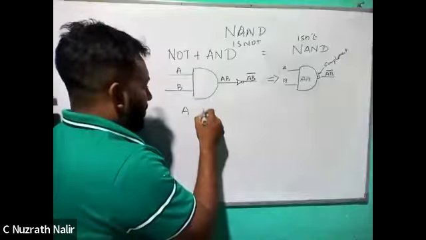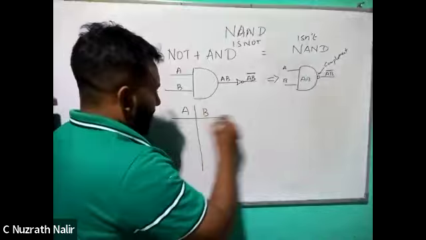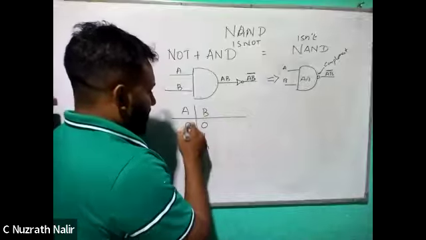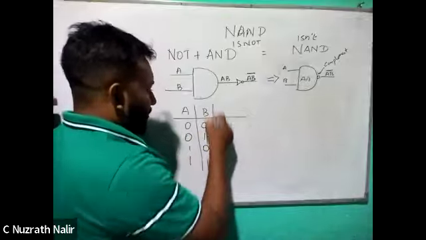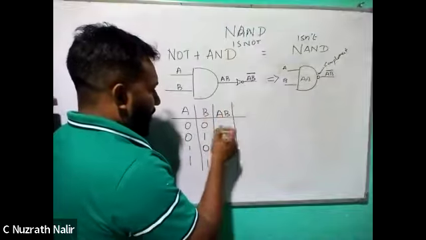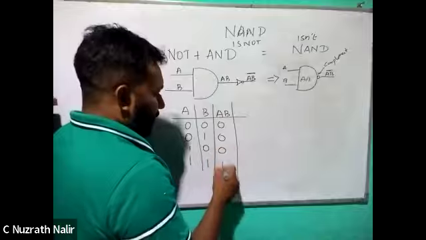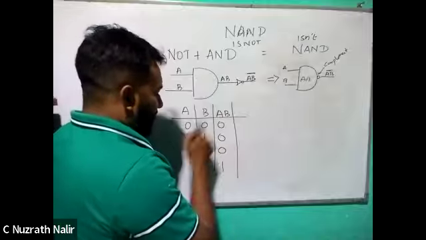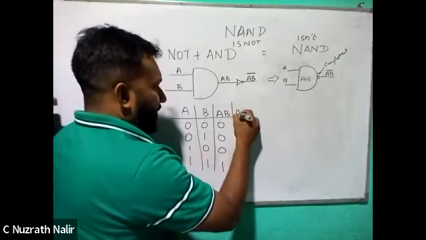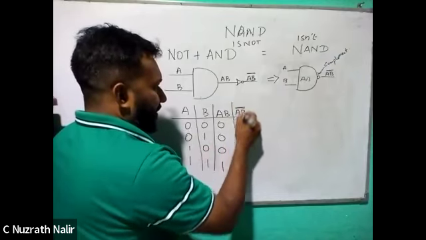Then let's draw this one: A, B, 0 1 0 1, 0 0 1 1. So let's find the first answer, AB. You know that 0 0 0 1: 0 into 0 is 0, 0 into 1 is 0, 1 into 0 is 0, 1 into 1 is 1. Then direct opposite of this one.